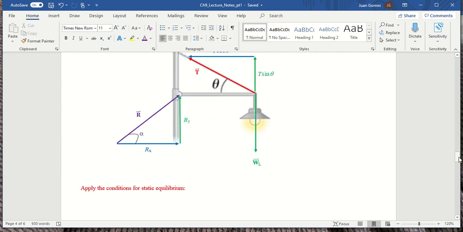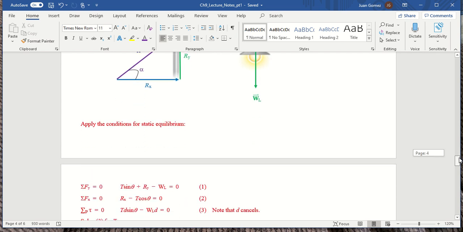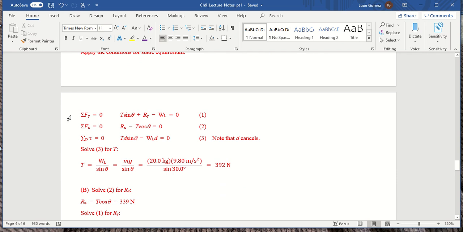So here are my forces and components. I have T, y component is positive, T sine theta, x component is negative, T cosine theta, weight of the light is in the negative y. I have R, the x component is Rx, the y component is Ry. They're both positive. So always apply the conditions in this order. Always do the sum of the forces in the y direction equals 0.